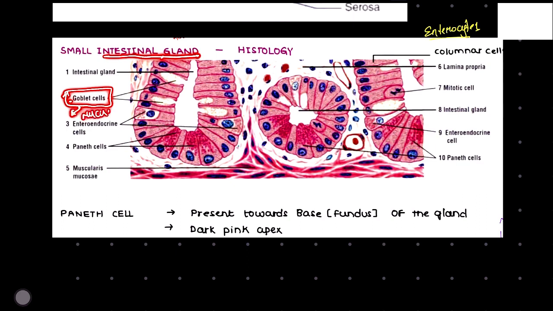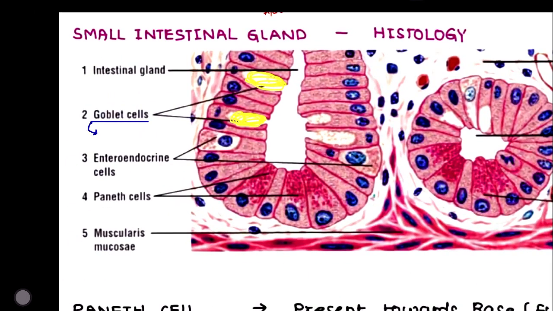In these goblet cells you can see a foamy structure. Why are they foamy in appearance? They are foamy in appearance because of mucus.